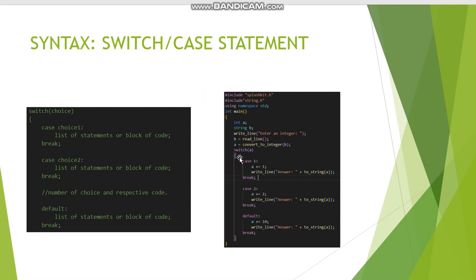In SplashKit, that's the case. That is how we are going to do it. As you can see from here, I have written a code here, and there are different kinds of things. We are printing out different situations, and we'll see what the answer is.